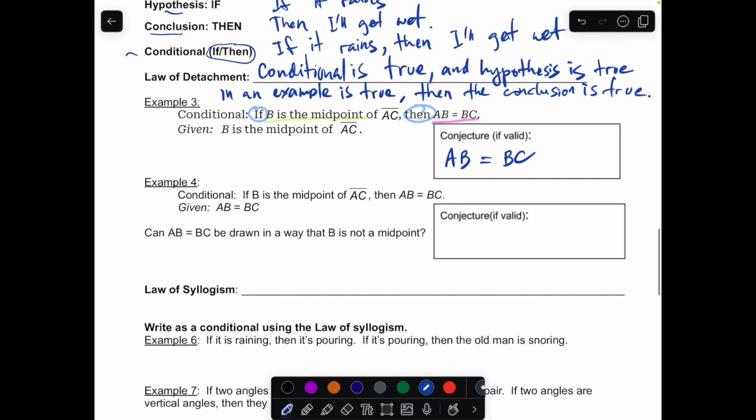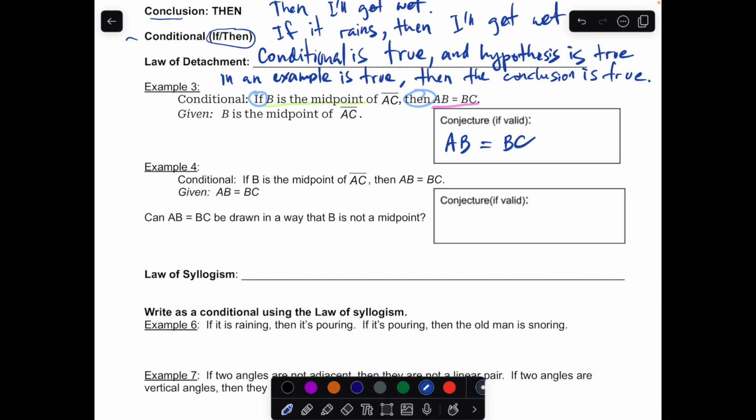Now, if we look at example 4, same conditional, right? B is still the midpoint of AC, and AB equals BC. So same conditional, but this time they've given us AB equals BC right here. They've given us the conclusion.